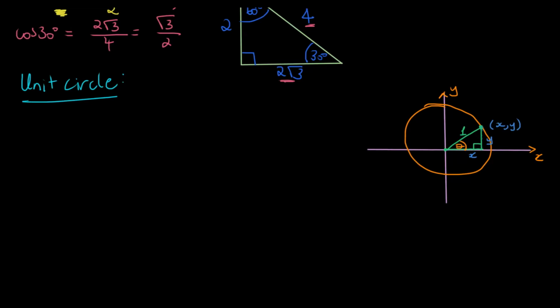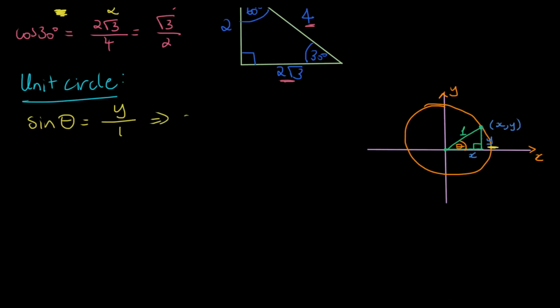So if we were to look at our ratios of this right angle triangle, what's sine of theta? Well, that's our opposite side, so y, over our hypotenuse, which, since we're on the unit circle, is 1. So it's essentially the amount up we are over 1.